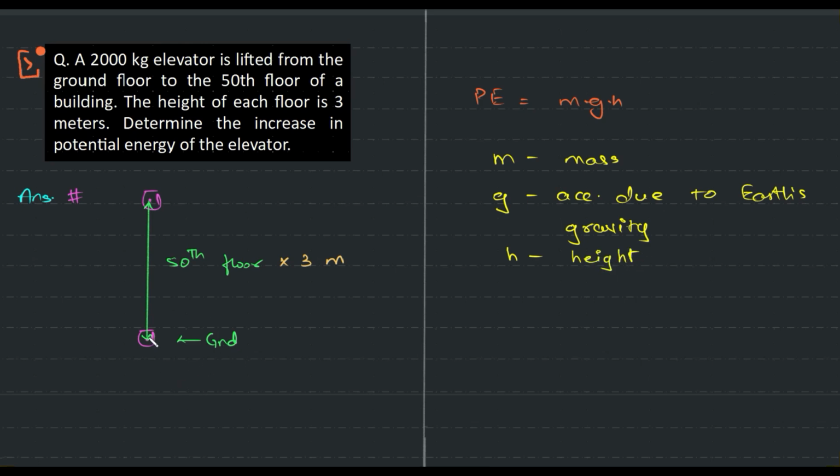If it had reached the 1st floor from the ground, it would have been 1 into 3. But since we have reached the 50th floor, it will be 3 into 50, the height.